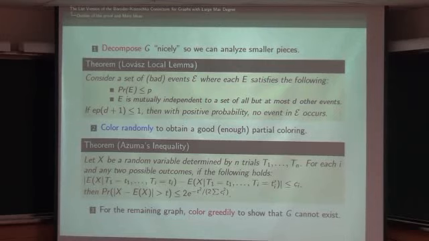We're going to say the expected number of safe vertices is very high, and since the expectation is high, the probability it deviates from its mean is going to be very low. And if the probability is very low, we can apply the local lemma and say that since the probability of these bad things is very low, none of them actually happens. So once we guarantee the existence of this good partial coloring, we're just going to color greedily and finish off the coloring.